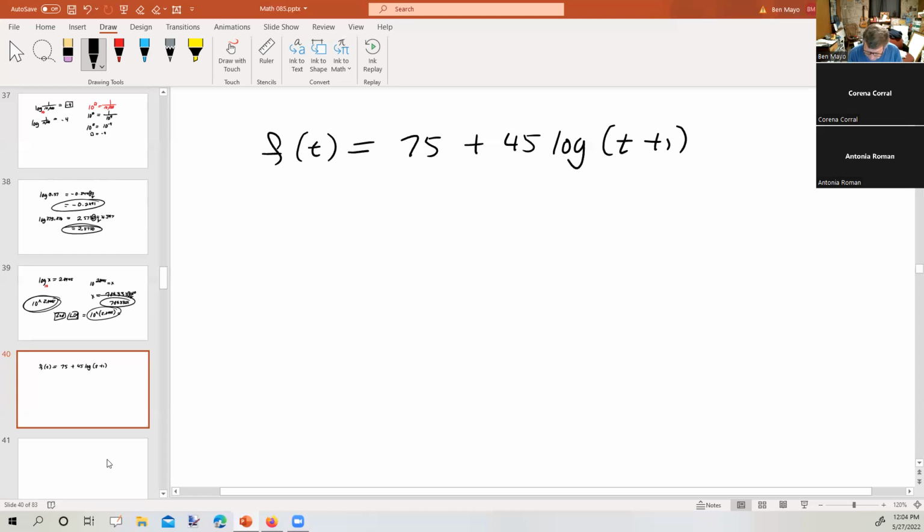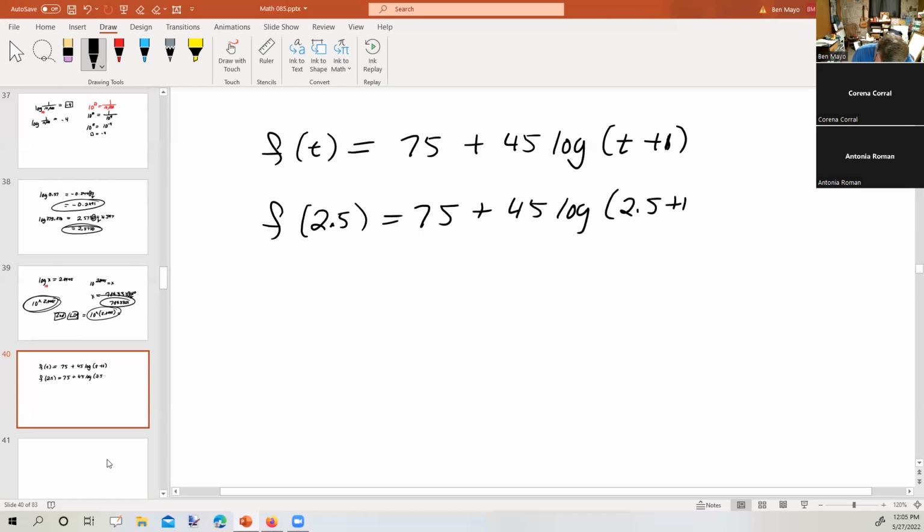So at the beginning, when t is 0, we would get 75. All right. So then what happens after that? Well, if t is 2.5, that's going to be 75 plus 45 times the log of 2.5 plus 1.